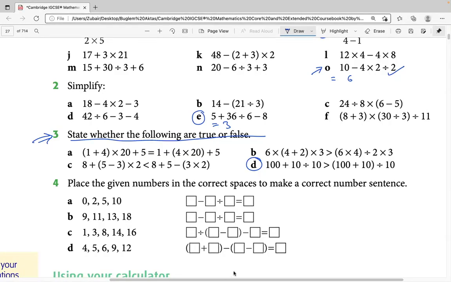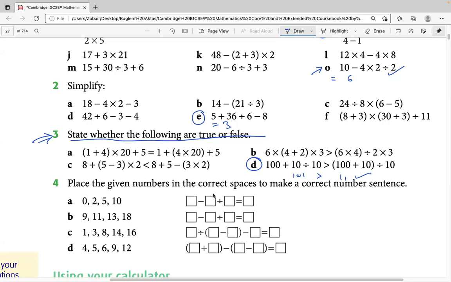Yes, it's true. Okay, this was 101 and that is 11. So it's true.